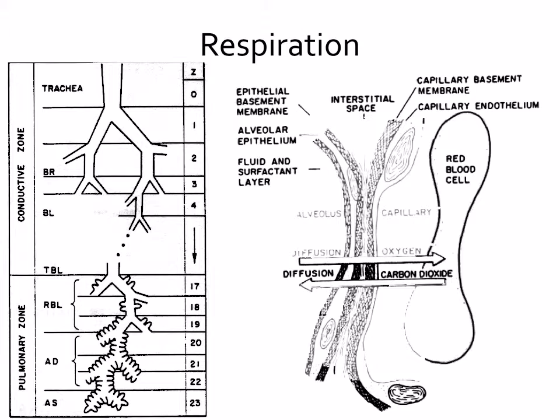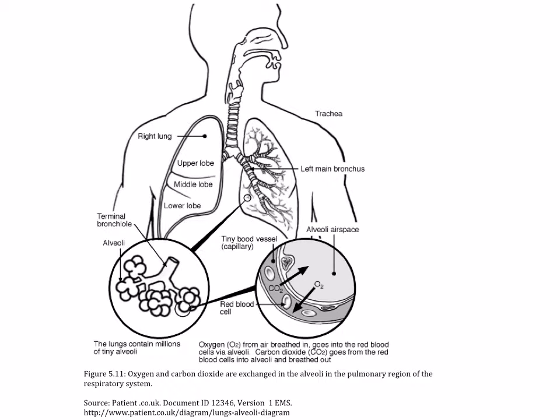In this air exchange region, again, oxygen is diffused through the cell walls into the red blood cells, and carbon dioxide is diffused outward and then respired out into the atmosphere. A simpler diagram is shown here, showing the tracheopulmonary region, the main lobes of the lungs, main bronchi, as well as the air exchange in the alveoli.